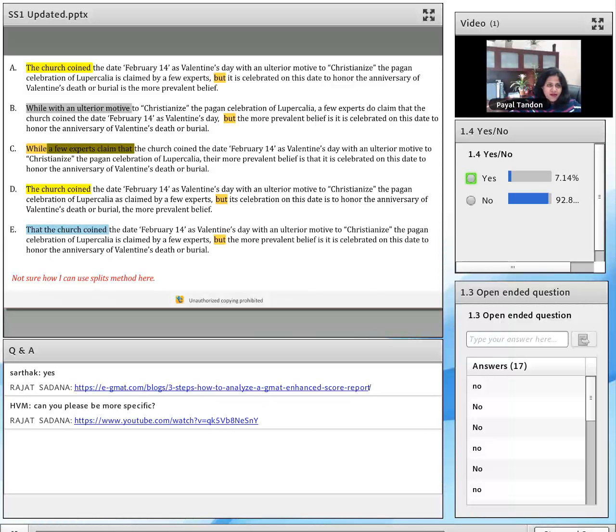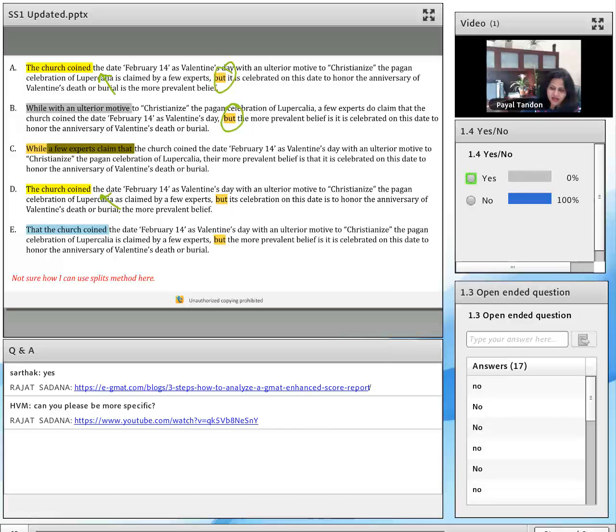For example, over here, I can see that each of the choices begins differently. Choices A and D are pretty similar in that regard, but choices B, C and E are different.